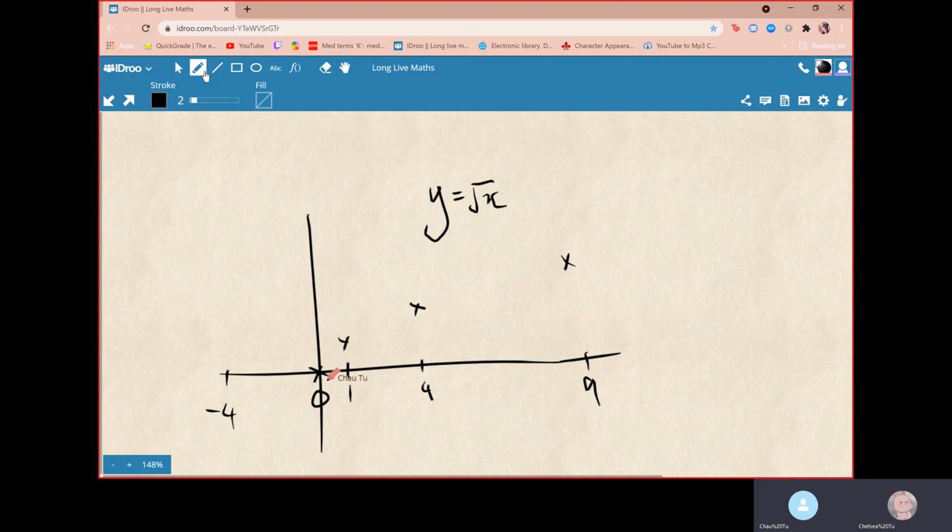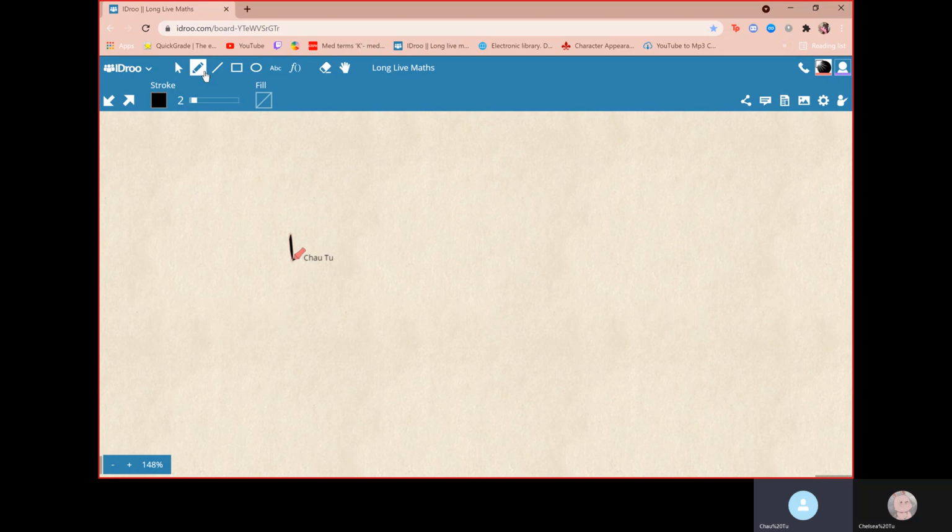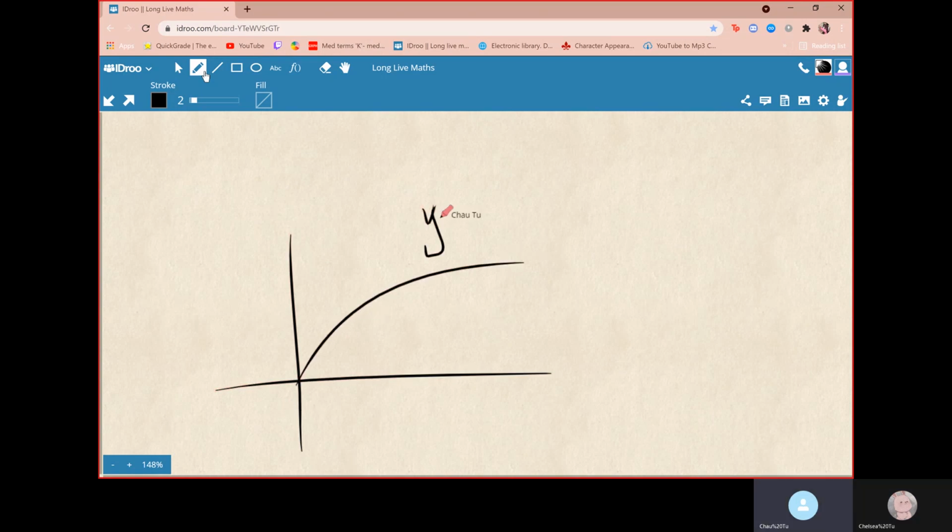So basically nothing, we don't really care about what happens in the negative realm. So the square root graph will look something like this. So y equals square root of x.